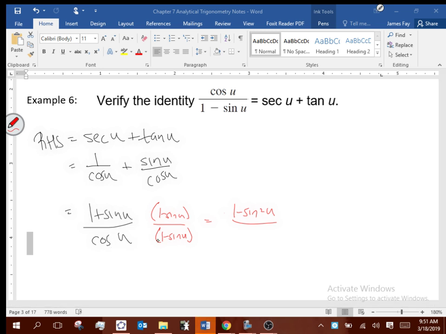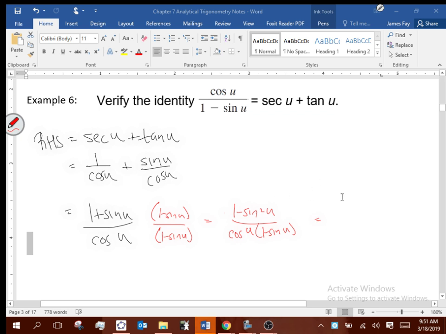If you ever remember working with rational equations, a lot of times we don't multiply the denominators out because we won't recognize cancellations that can occur. Okay? So the same thing happens here. I don't want to multiply that out because I'm not going to see any cancellations occur later on. So I'm going to write cosine u, 1 minus sine u. Just a thing to think about. Do not multiply your denominators out.